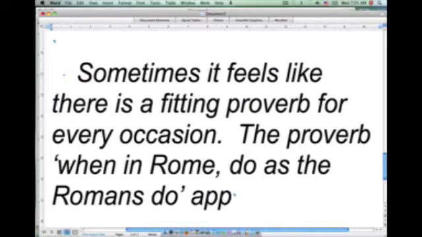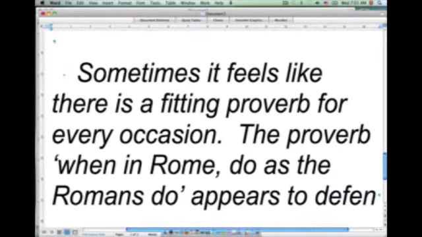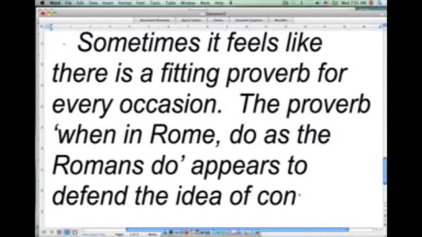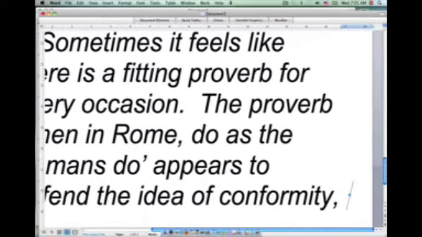So what if we wrote something like, this appears to defend the idea of conformity. And we're not at the moment saying our opinion of this. If you recall, the first and second sentence of your essay is not so much a comment from you as it is just some background information about your topic.